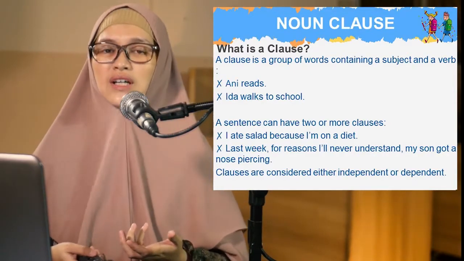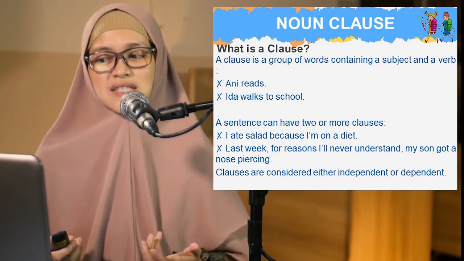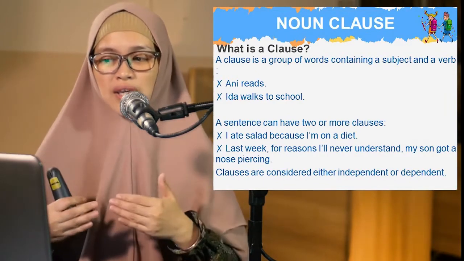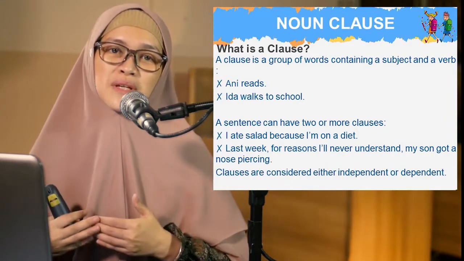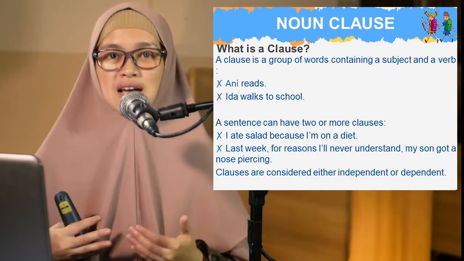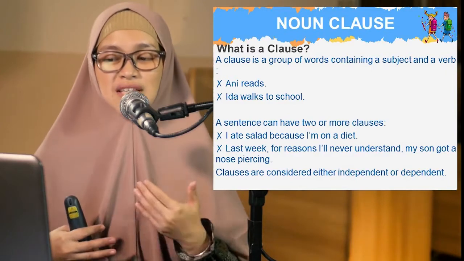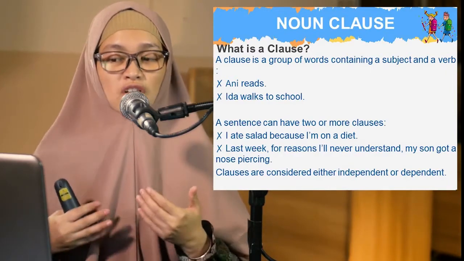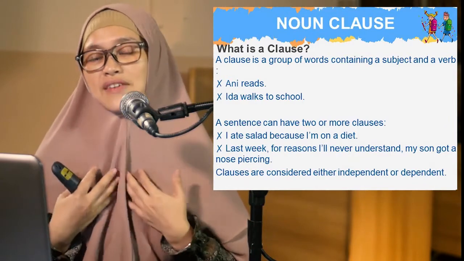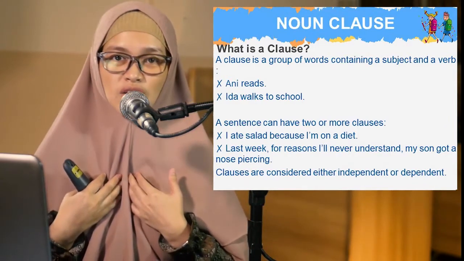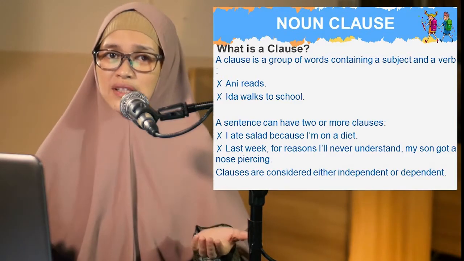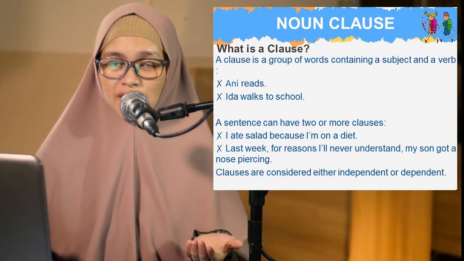It is also a clause. Which one is the independent and which one is the dependent one? Last week, my son got a nose piercing is an independent clause, while for reasons I'll never understand is a dependent clause, because for reasons I'll never understand cannot stand alone. You cannot understand the meaning of for reasons I'll never understand. What do you mean with that?